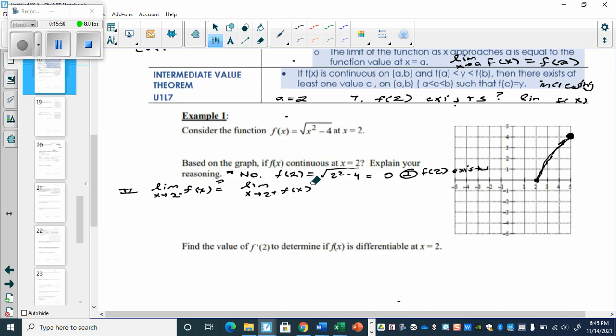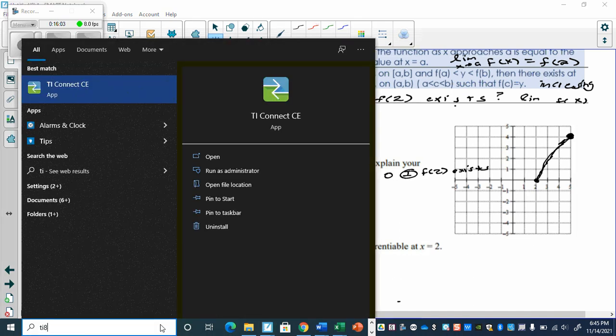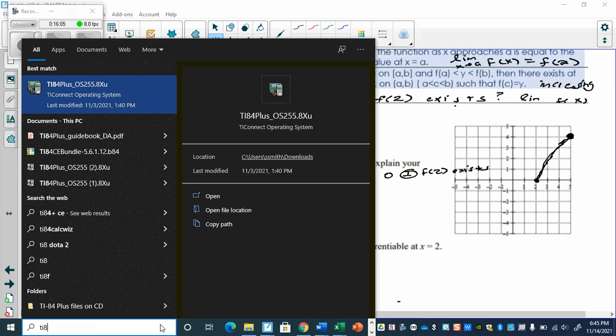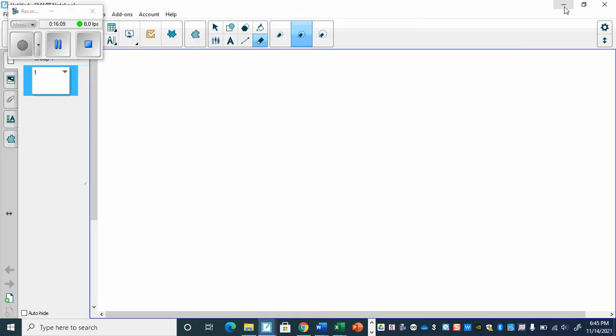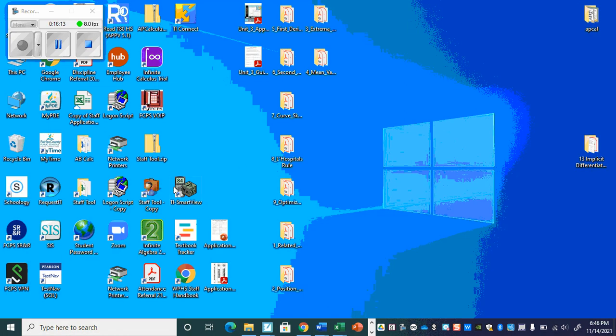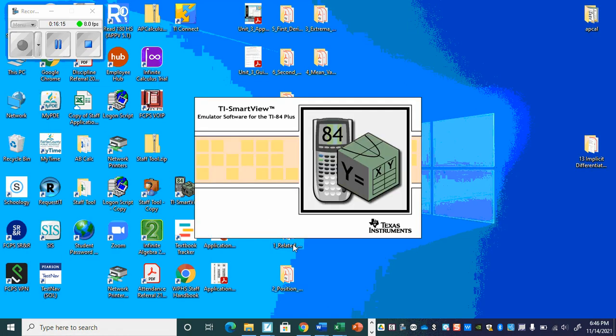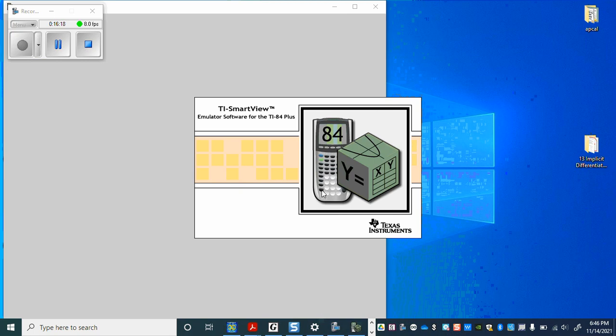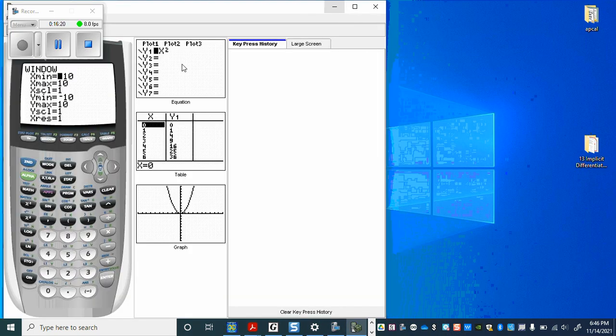So what I'm going to do is use a graphing calculator here. I think I have one on here. All right, there we go, TI-84. And I'm going to type that into my calculator here.